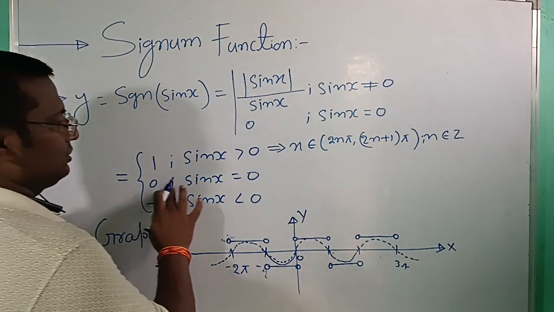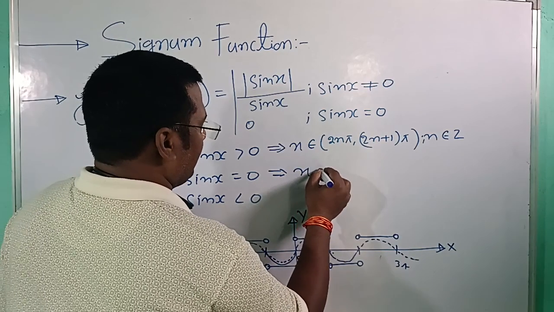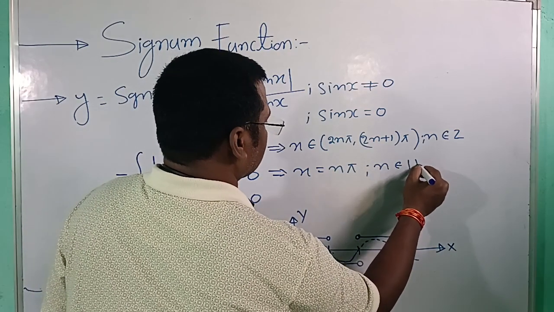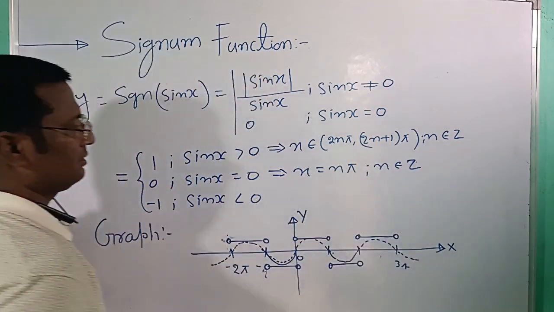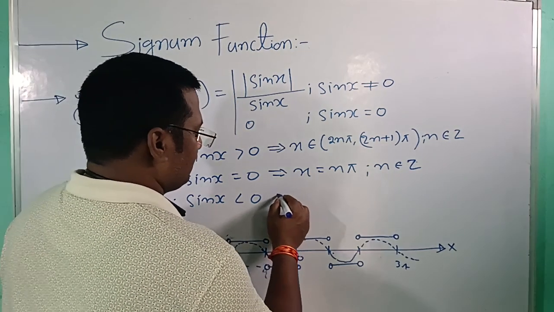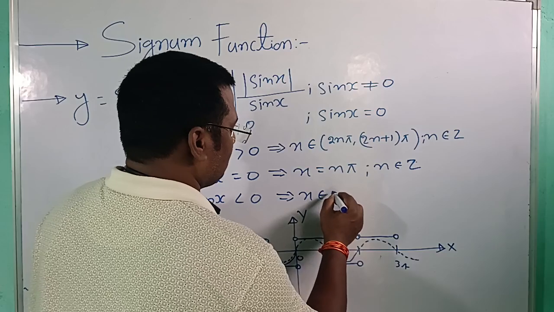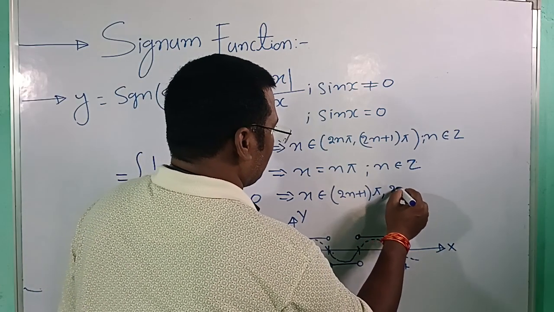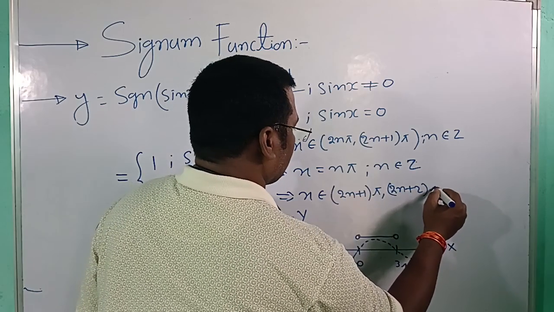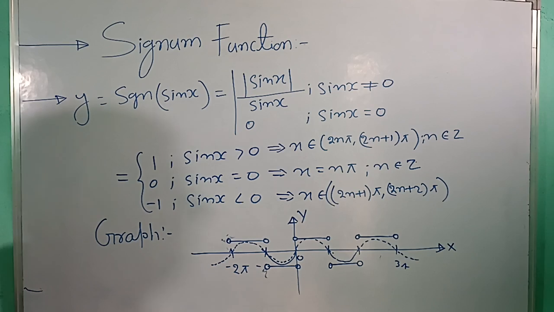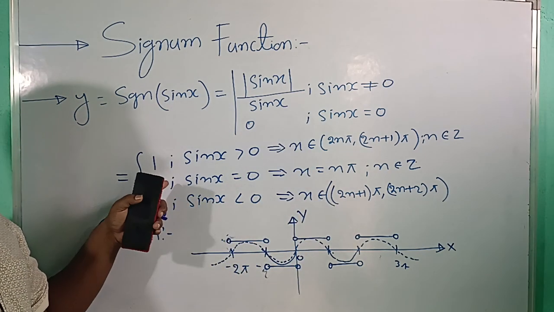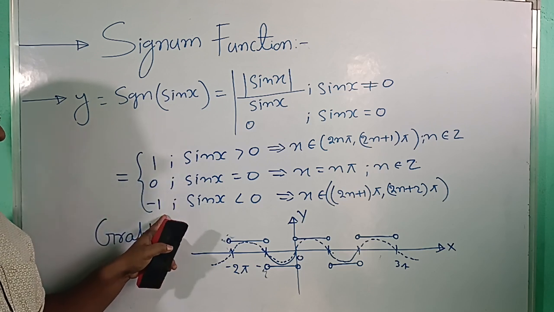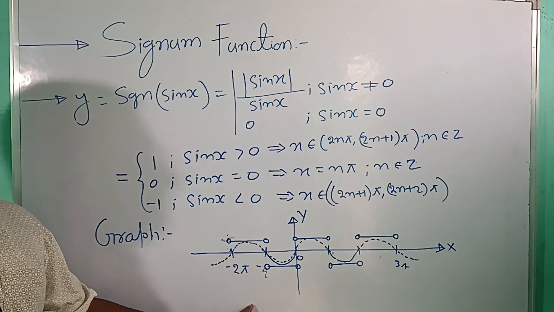This is equal to 0 if x equal to n pi, n belongs to z, and this is minus 1 if x belongs to 2n plus 1 pi to 2n plus 2 pi. So this is the general solution. When sin x is positive the signum function is 1, when it is 0 the signum function is 0, then the signum function is minus 1. This is the graph of signum function.